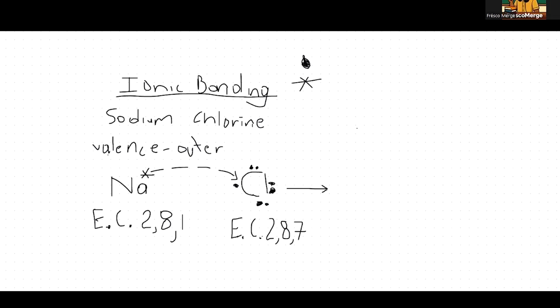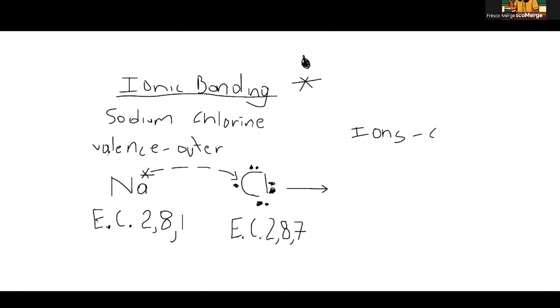An ion is when the atom becomes charged. It is either a cation or an anion. So they now become ions. That's when they become charged.